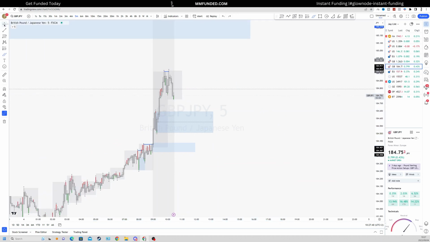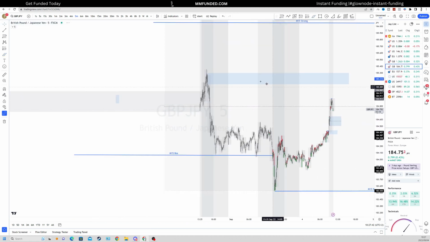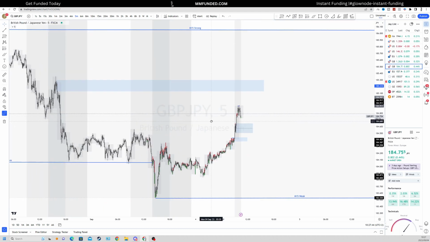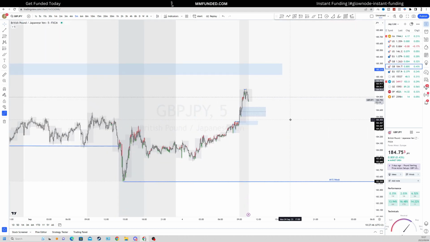Okay, so you're happy with GBP JPY? Going into session tomorrow, what we can expect from tomorrow, and maybe a little bit in today's London session. Okay, you're welcome.